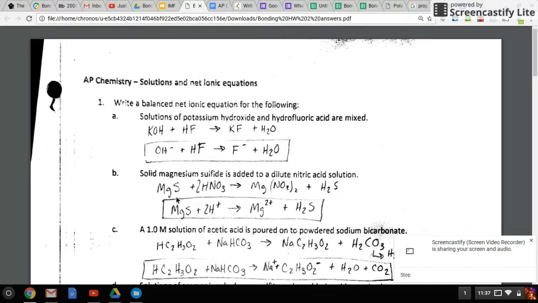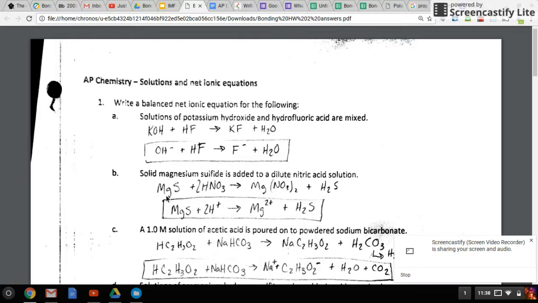1B, we have magnesium sulfide and some nitric acid. You have to make a decision about your nitric acid. It is a strong acid, so it will split into its ions. This is a double replacement reaction. Magnesium nitrate, all nitrates are always soluble, so this does split up into its ions. H2S does not split up because it is a gas, and it's one of those gas-forming reactions that you have to recognize.